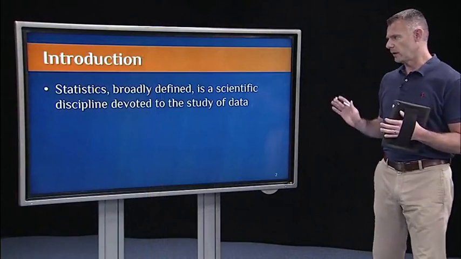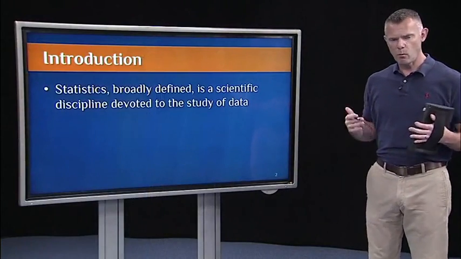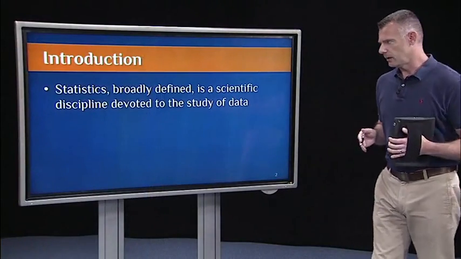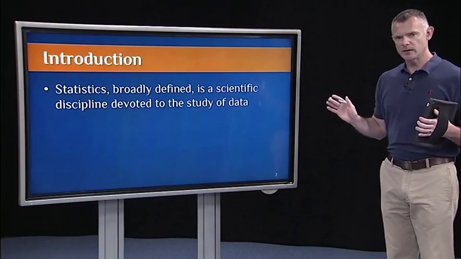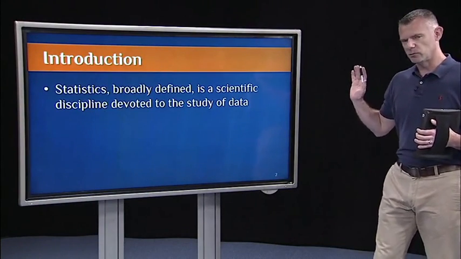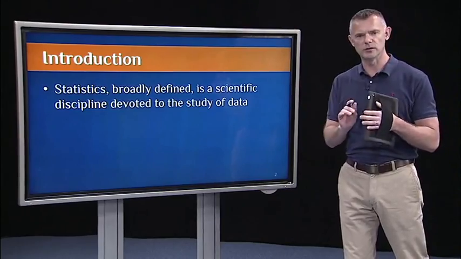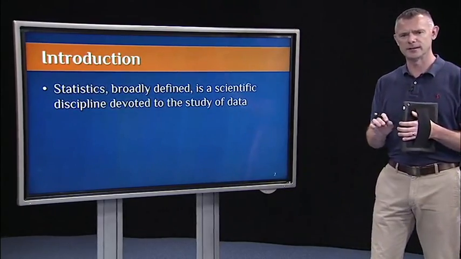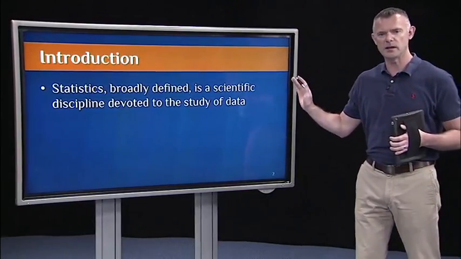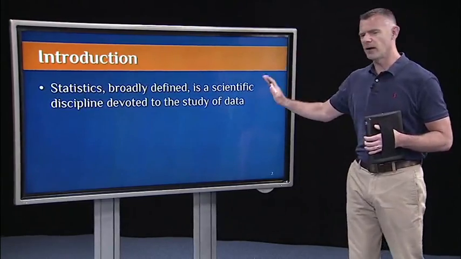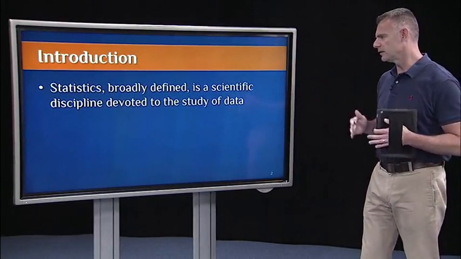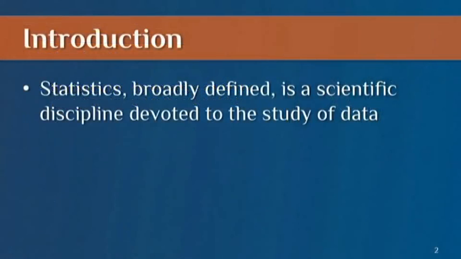So let's start with a basic definition of what is statistics. You could define it in many ways. For something as broad as this, you could just Google statistics definition or statistics meaning, or just look at the Wikipedia page. I've defined it very broadly here just as the scientific discipline devoted to the study of data.